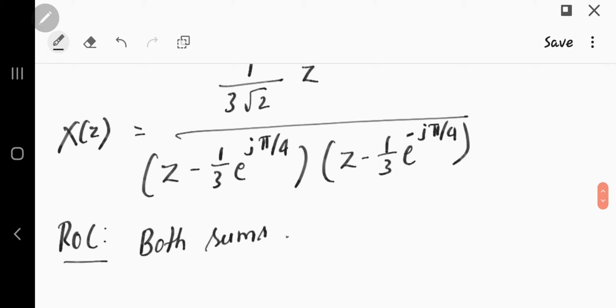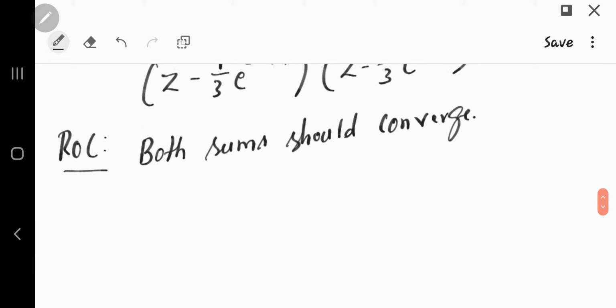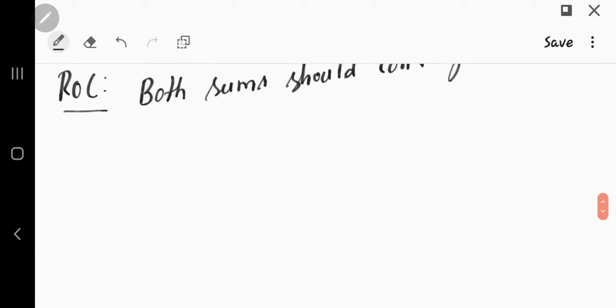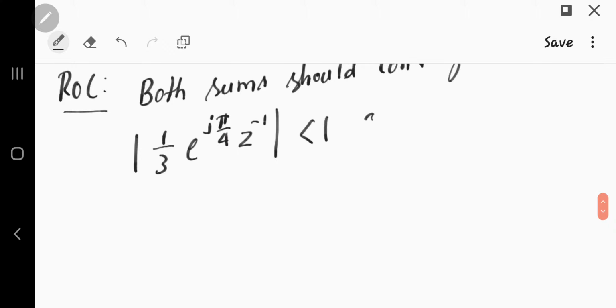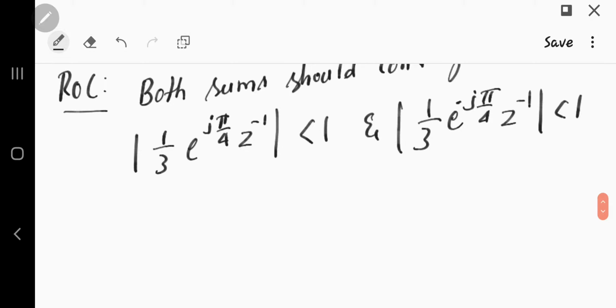We have two sums there, so both of them should converge when 1 by 3 e power j pi by 4 z inverse is less than 1 and 1 by 3 e power minus j pi by 4 z inverse is less than 1.